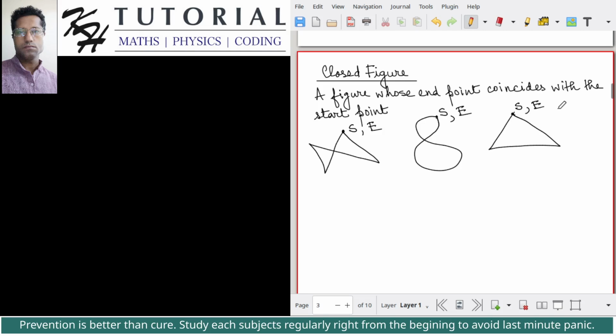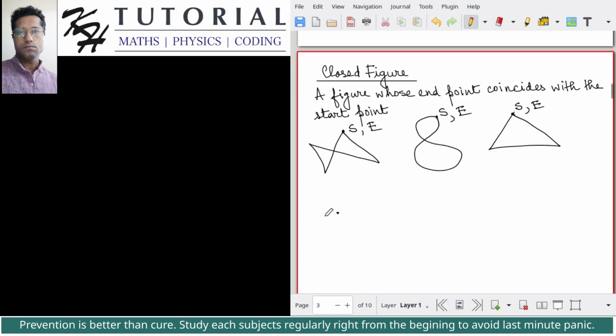The start point and the end point are the same. For example, let's say I will draw a figure. This is the start point. Even though there is a small gap, I'm sorry, this is the problem with the software. Let me try to draw it again.